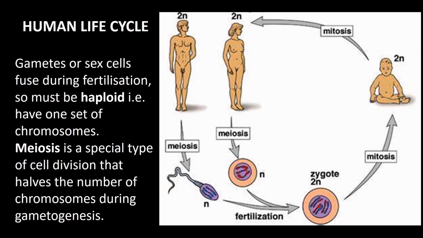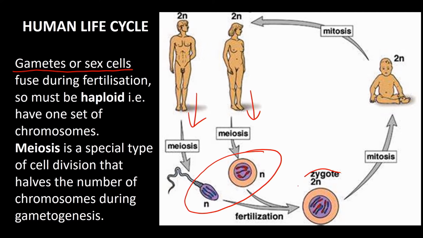Now, looking at this, we have the male and female producing sex cells or gametes. And those gametes fuse in the process of fertilization.